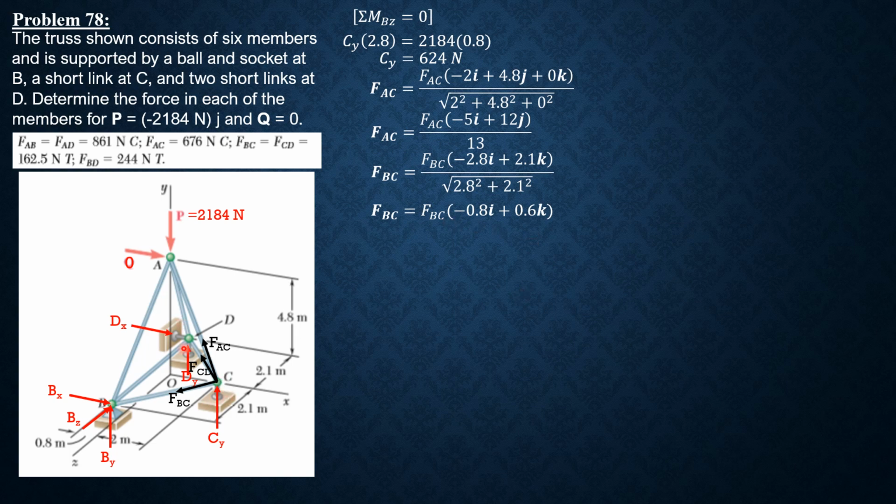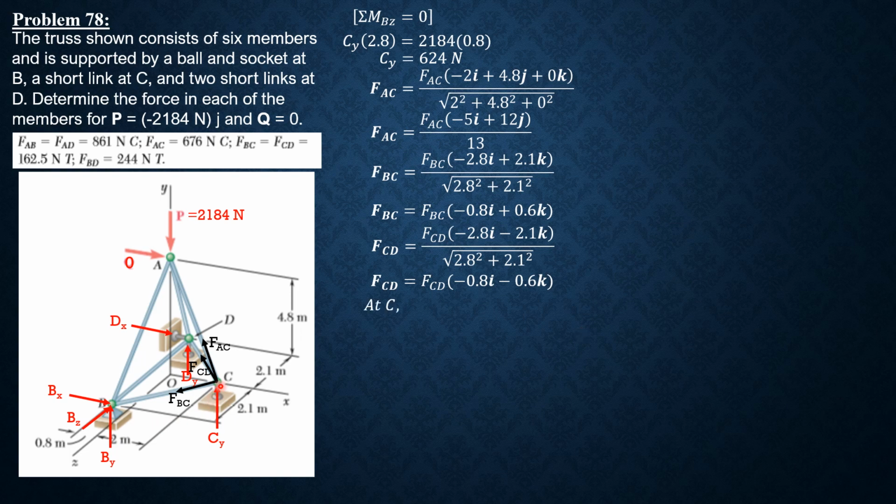FCD, on the other hand, is negative 2.8i then positive 2.1k divided by square root of 2.8 square plus 2.1 square. There's no movement vertically, so 0j. So it's the same, negative 0.8i, FCD negative 0.8i, then negative 0.6k.